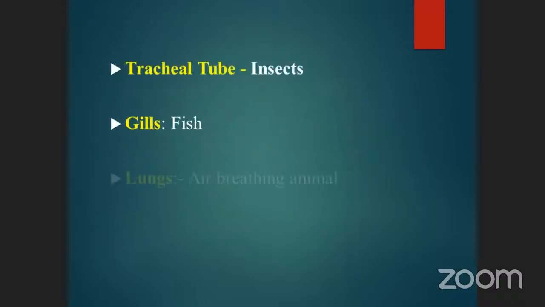Now consider the different kingdoms. For example, there is a tracheal tube present in insects, and through this tracheal tube respiration occurs in insects. In aquatic animals, the animals living in water, such as fishes, gills are present.